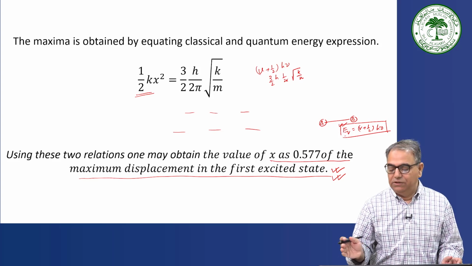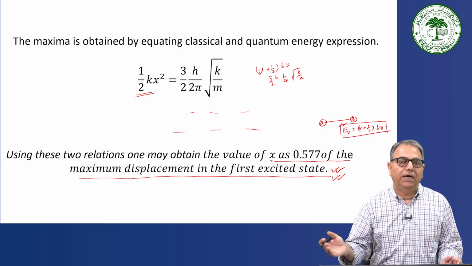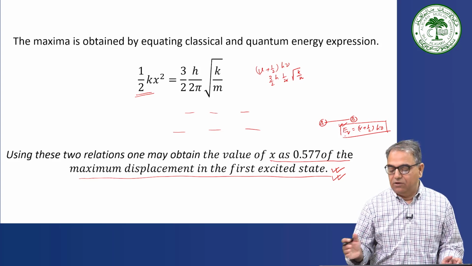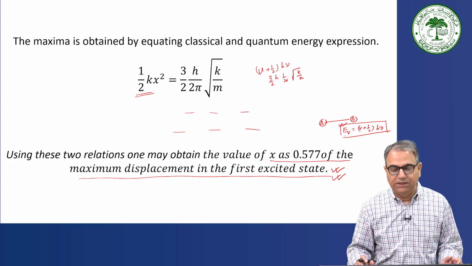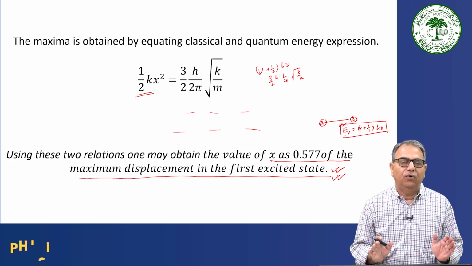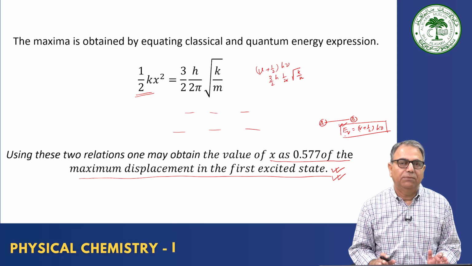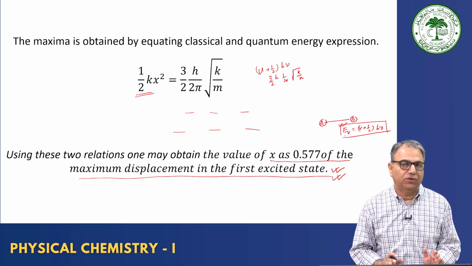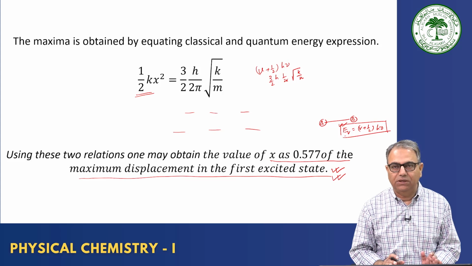Otherwise anharmonic oscillations also creep in, and then the relationship changes, so anharmonic terms are introduced. But the whole idea of doing the simple harmonic oscillator is to get the theoretical basis of IR spectroscopy, which is one of the most important physical techniques for characterizing molecules.